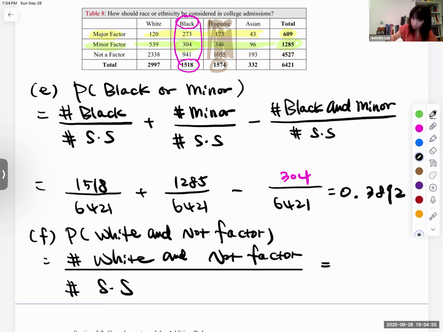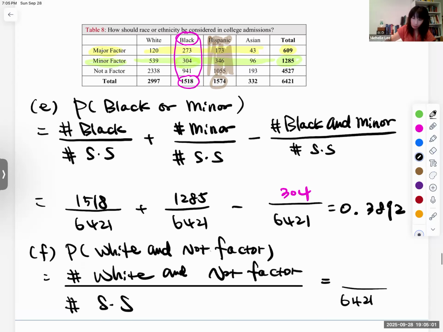Okay, so what do you get? So 6,421 and white and not a factor. So overlapping part, right? So white and not a factor. I was using this color earlier, blue.